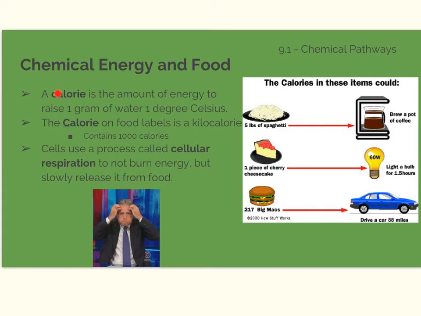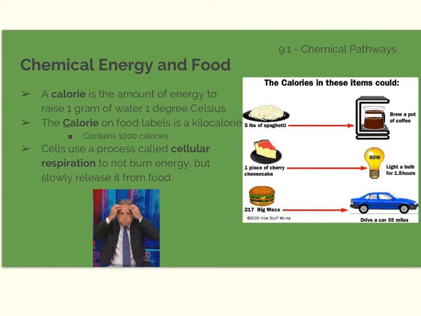Now, that's a calorie. The calories that you see on a food label, so as you're eating your 5 pounds of spaghetti or 1 piece of cheesecake or 217 Big Macs, they all have a Calorie, all right? So, for instance, we look at a Big Mac. A Big Mac actually contains 563 calories with a capital C. But how many total calories with a lowercase c is that?